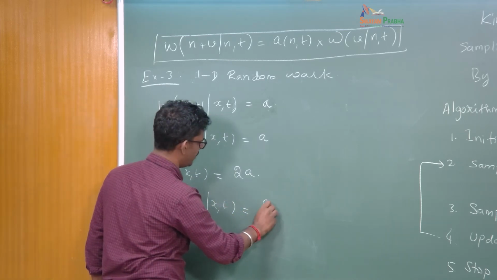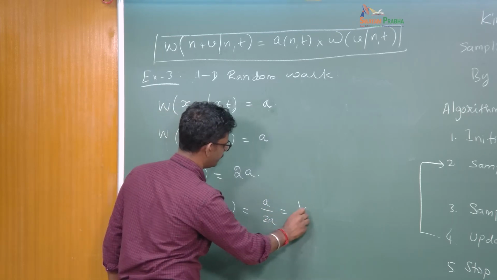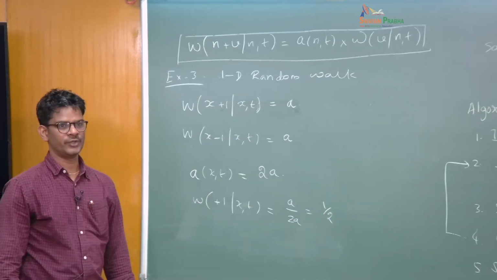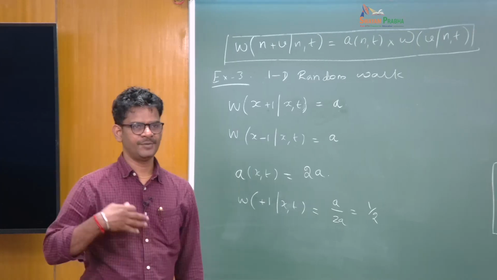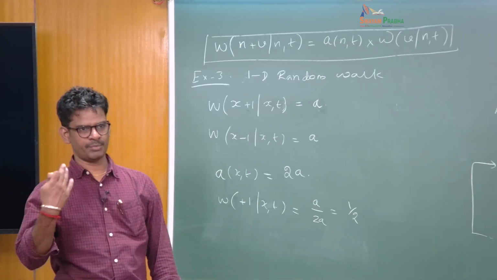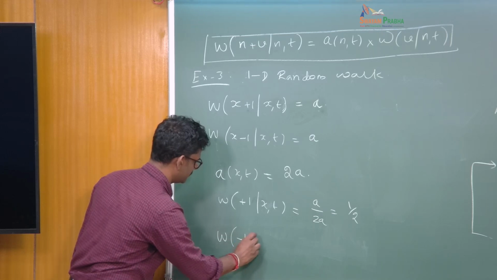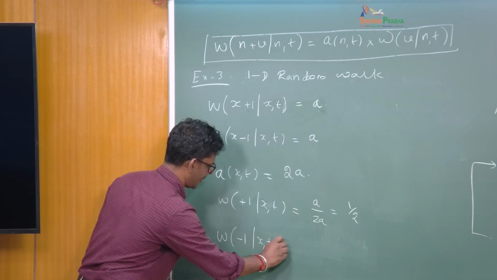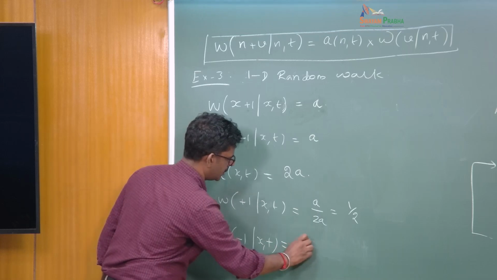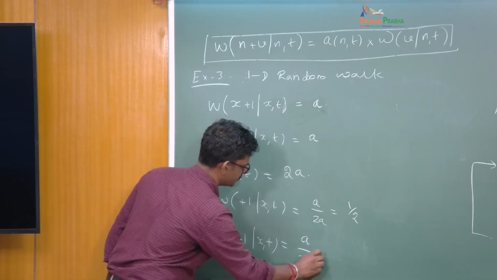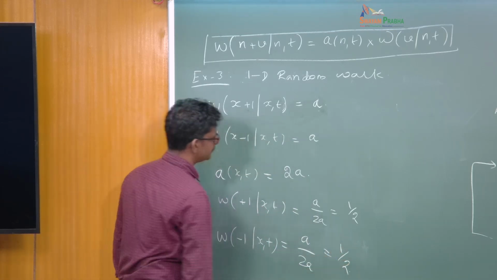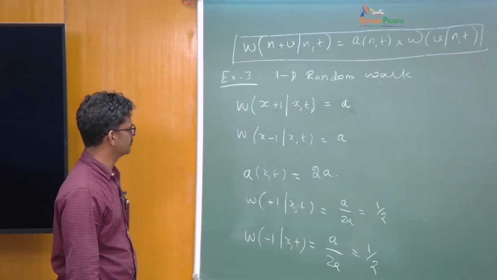So, that would be a by 2a, which is 1/2. So, this is what you would intuitively also expect, that it has a 50% chance to go forward and 50% to go backward. So, that is what we are actually establishing here. A divided by 2a, so simply 1 by 2.